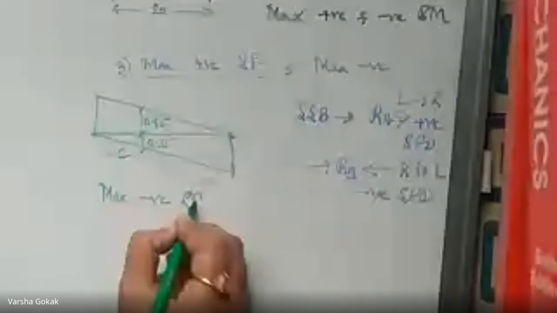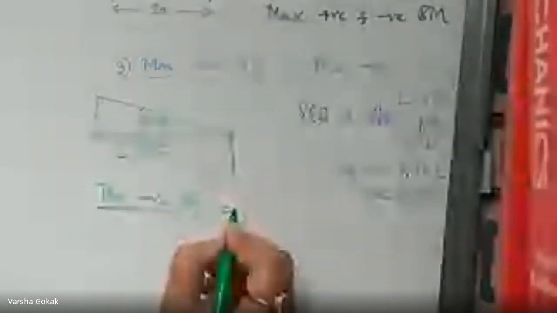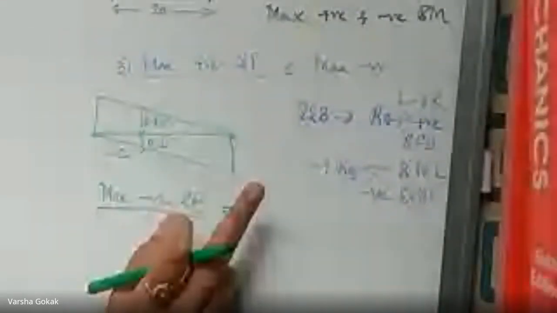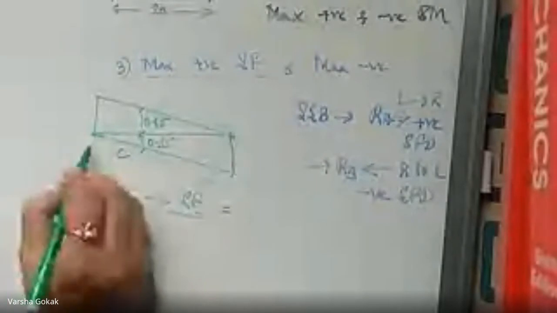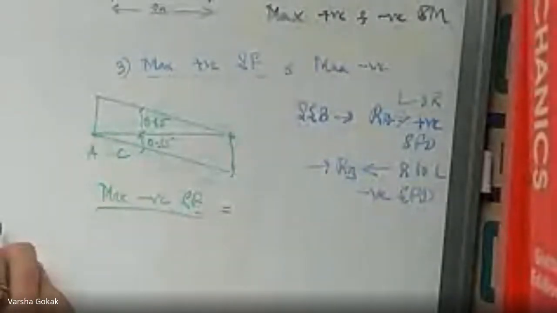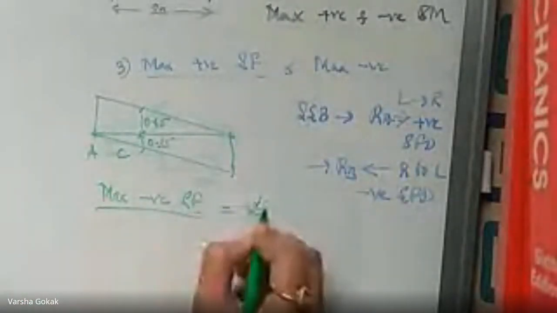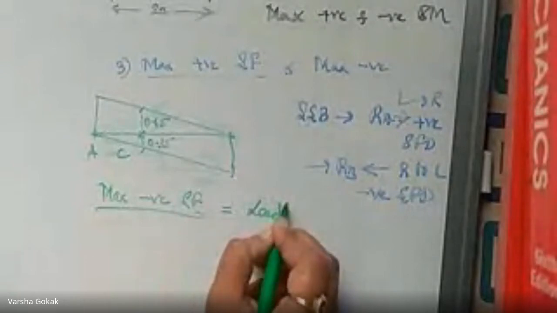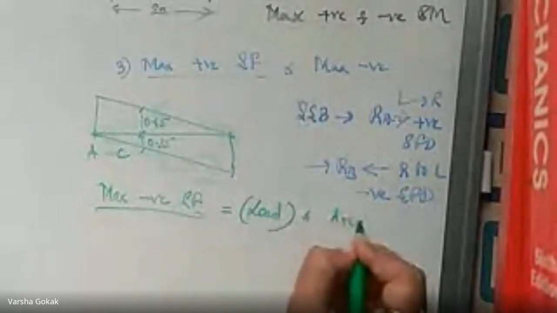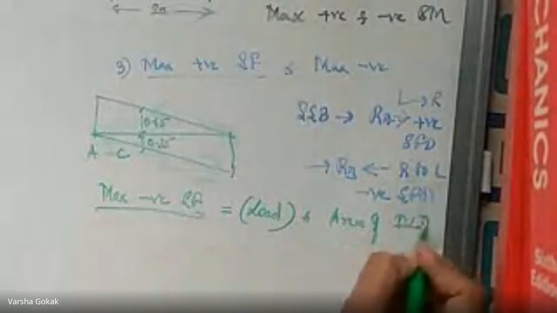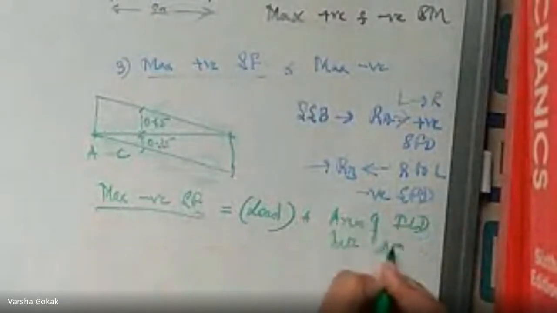So when I want to calculate the maximum negative shear force, what is it going to be? The load into the area of the ILD between A and C. So it is nothing but load into the area of ILD between AC.